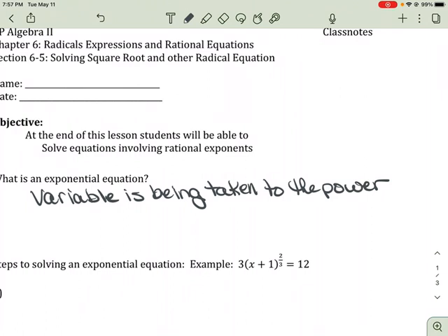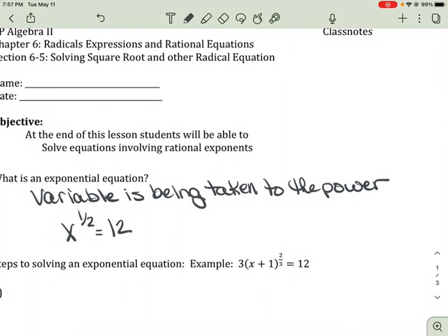For example, I could have x to the 1/2 is equal to 12, or I could have 4 times (x plus 1) to the 2/3 equals 15. So that x is inside the parentheses and that whole quantity is being taken to the power. Somewhere along the lines the power is involved with the variable.